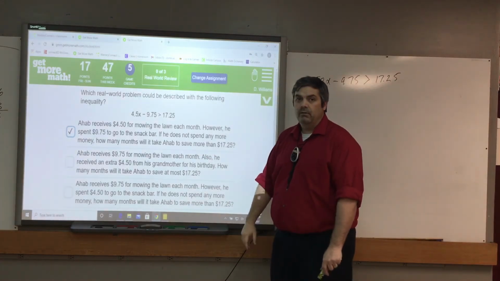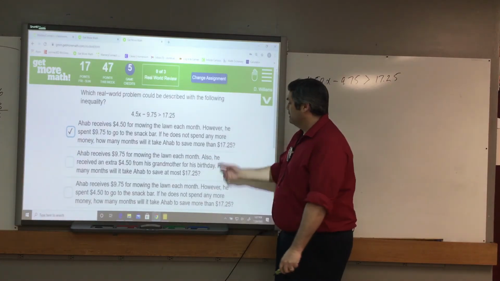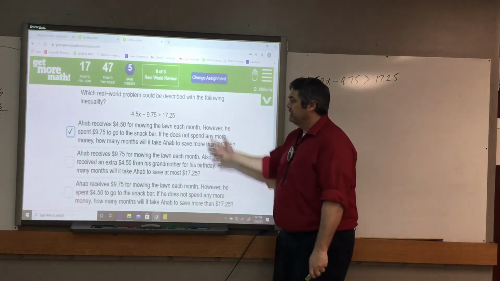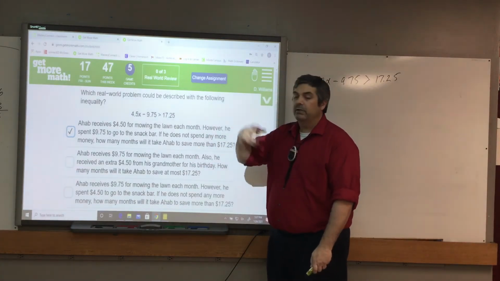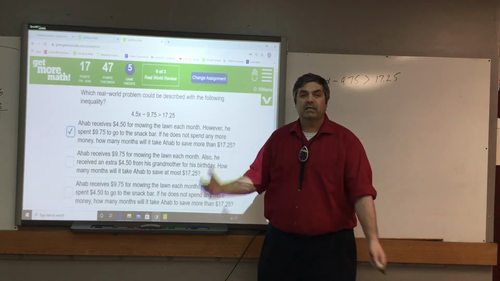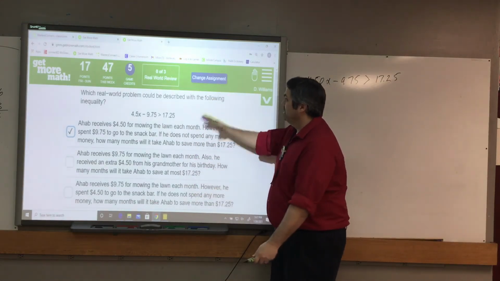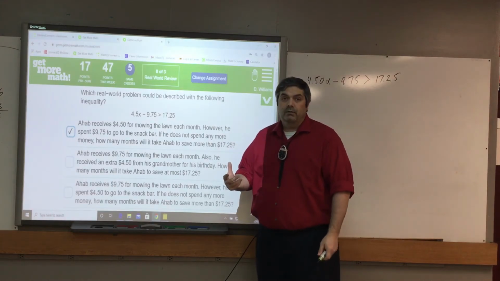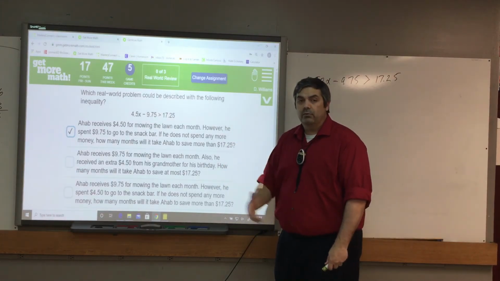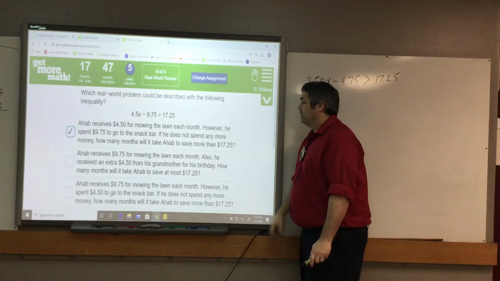All right? Just because this is an inequality, this can work for learning how to do equations too, as far as setting them up. Okay, so this skill set right here is really pretty good because you have to read it, you have to go through it, work through it, and it's really good.